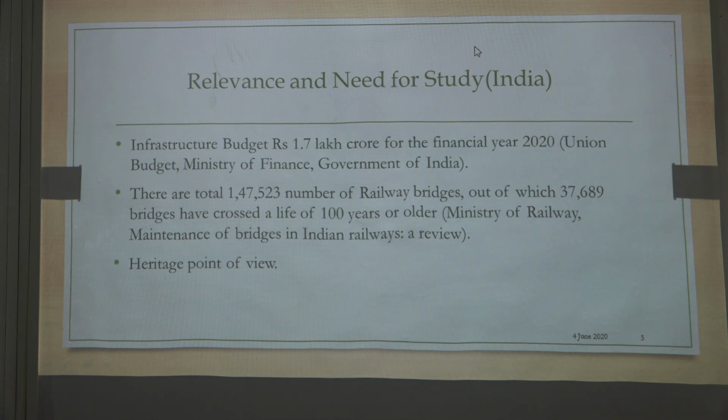There are a total of 1,47,523 railway bridges, out of which 37,689 bridges have crossed the life of 100 years or more. If you quantify this, around 25% of the bridges have crossed their life of more than 100 years.